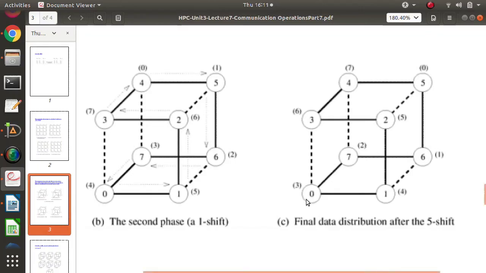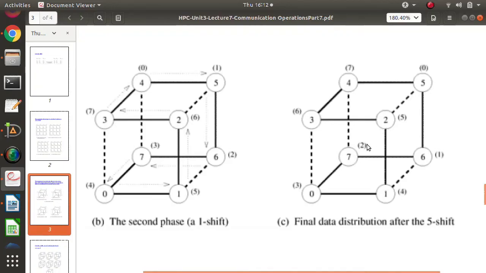of the 5 shift. So see, 0 has data 0, and it wanted to send it to 5. So see, here 5 got 0. Now 1 has 1, but 1 wanted to send it to 6 because 1 plus 5 is 6. So see, node 6 got 1, right? Now see 2, 2 plus 5 is 7. So 2 has data 2 and wanted to send to 7.